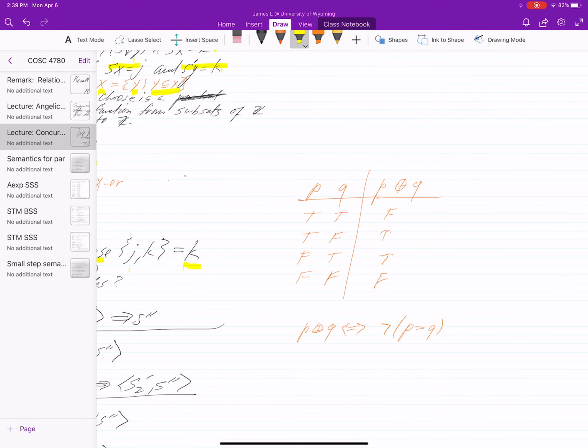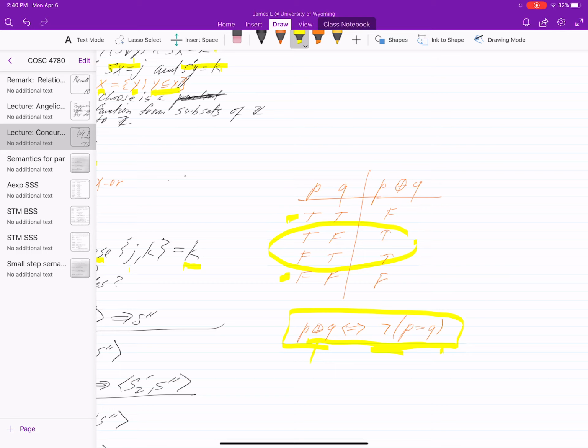One way to think of it is that P exclusive or Q is true if and only if P is not equal to Q, because in the equals case, they're either both true or both false, and what we really want is only one to be true.